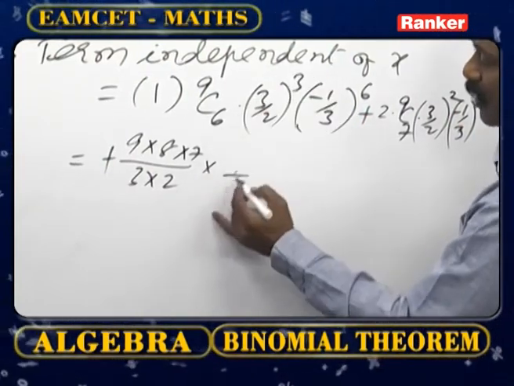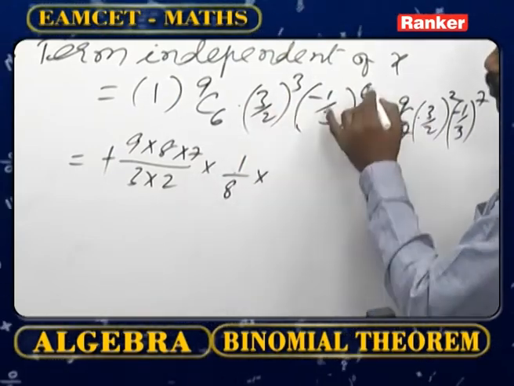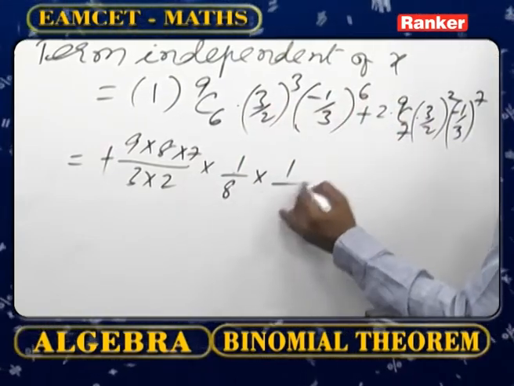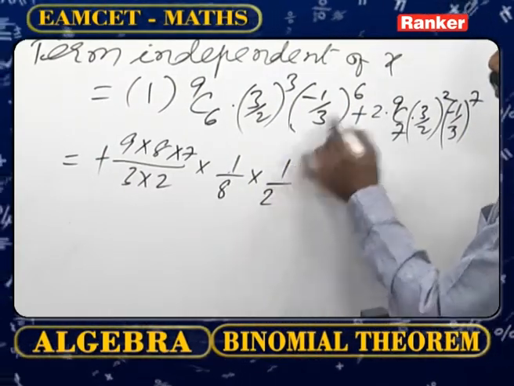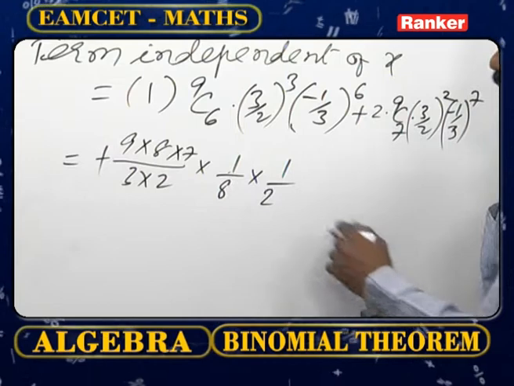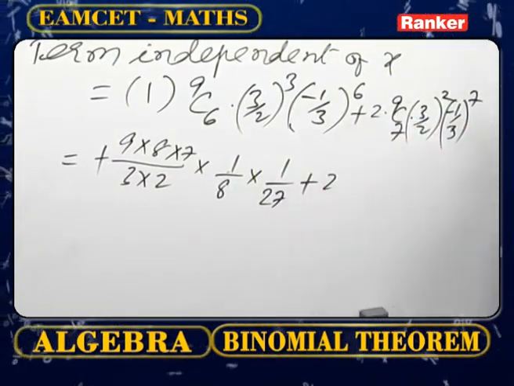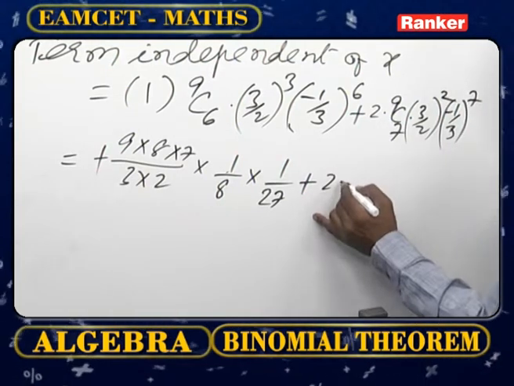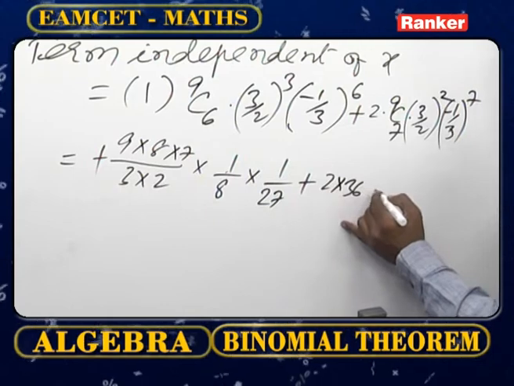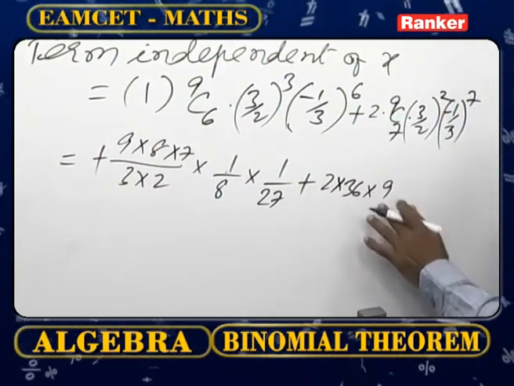Let me write this: 1 by 8, 3 cube by 3 power 6, 1 by 3 cube remains. 3 cube means 27, plus 2 into 9C2, 9 into 8 upon 2, that is 36, into 9, this is 3 power 7.